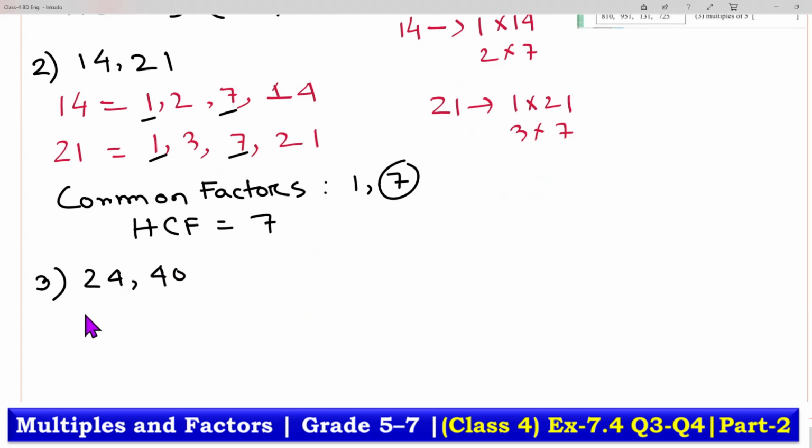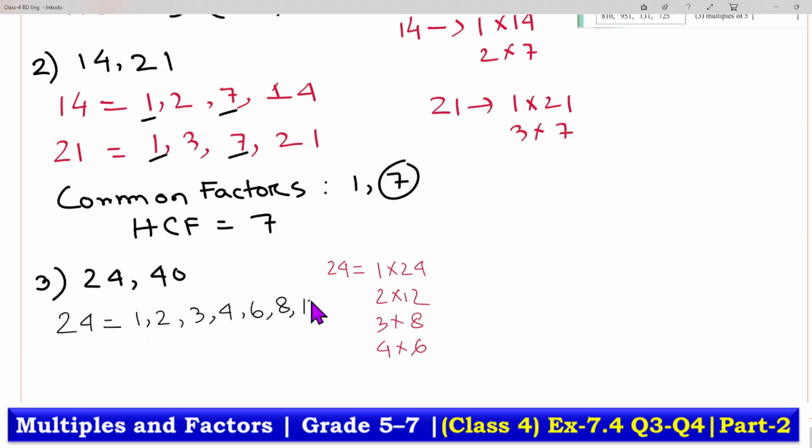First we have to find the factors of 24. We can write 24 equals 1 times 24, 2 times 12, 3 times 8, 4 times 6. 5 is not possible, 6 already written. So the factors are 1, 2, 3, 4, 6, 8, 12 and 24.